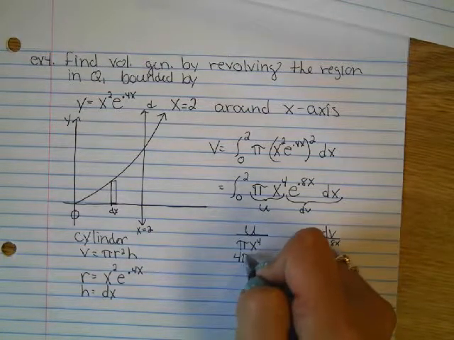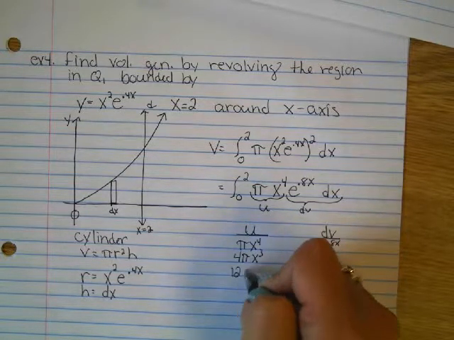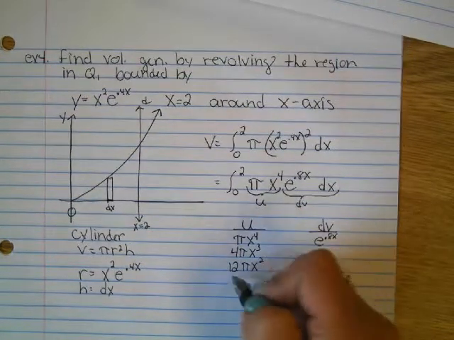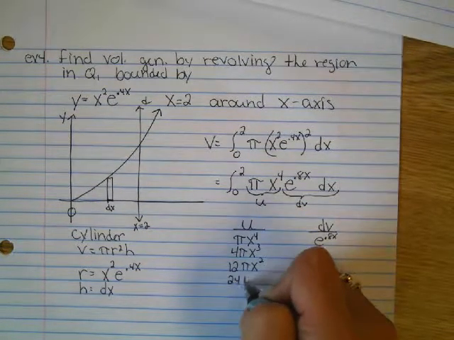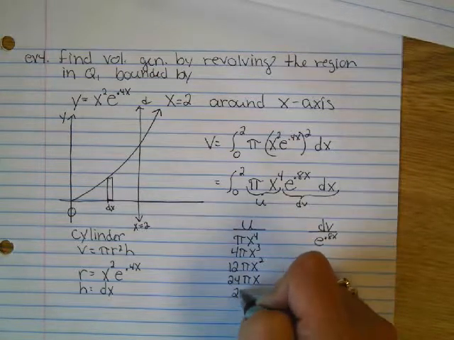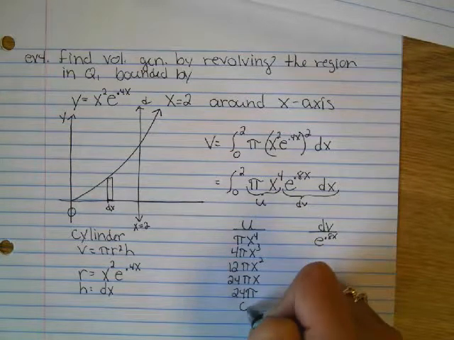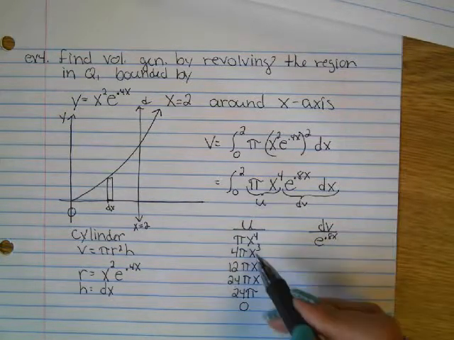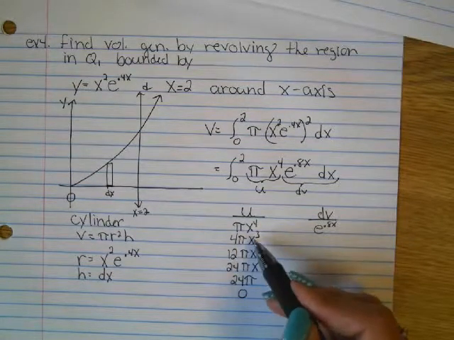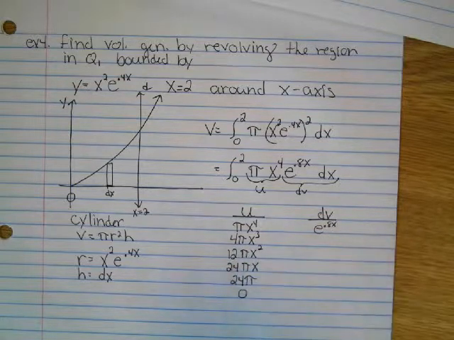So 4 pi x cubed. Come down again. 12 pi x squared. 24 pi x. 24 pi. And then 0. I double check that. No one here to check my work. 4, 12, 24, 1. Okay, I think I'm good there.